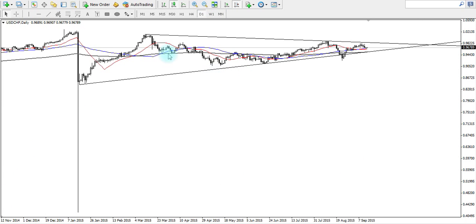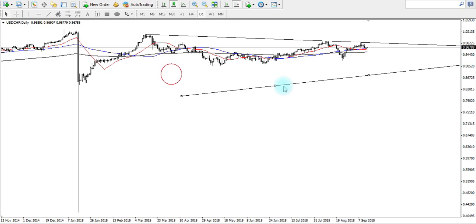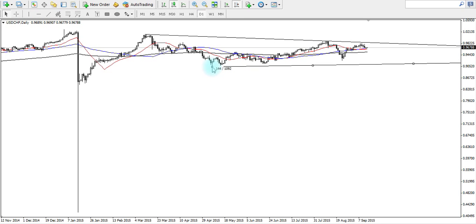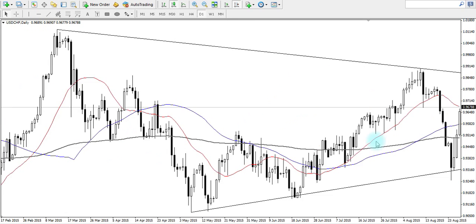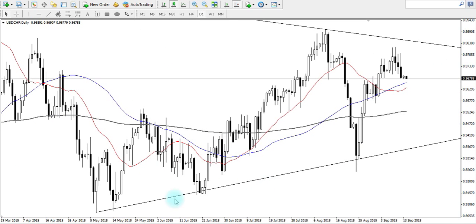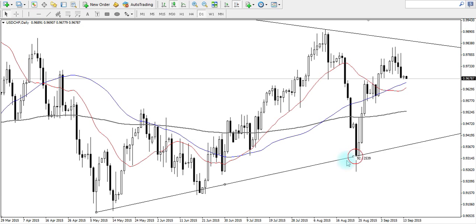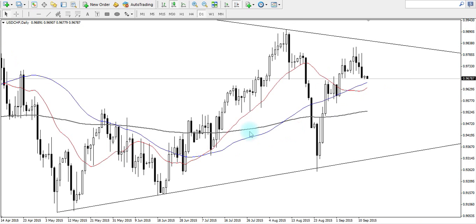So what you can see right here is actually a symmetrical triangle as well, similar to the dollar against the Japanese yen.